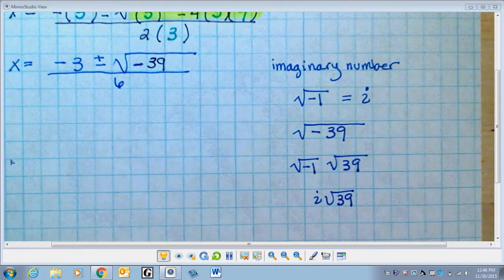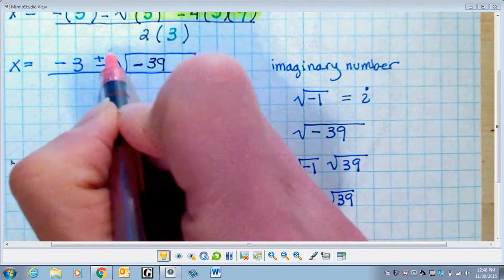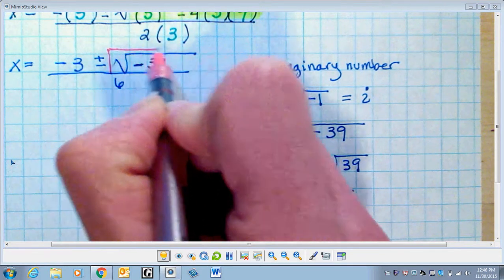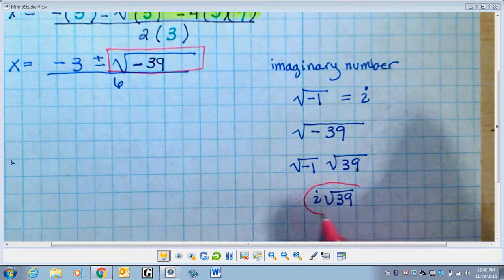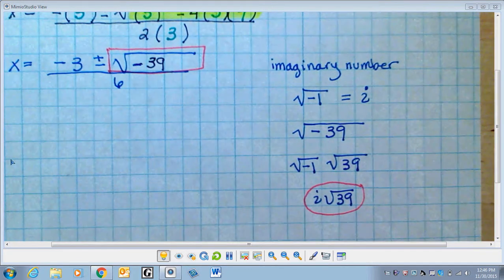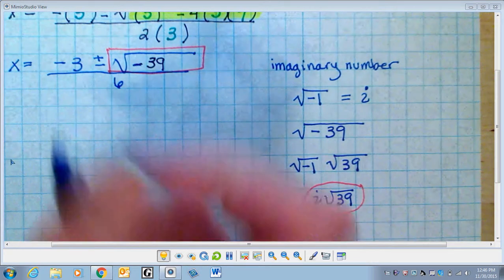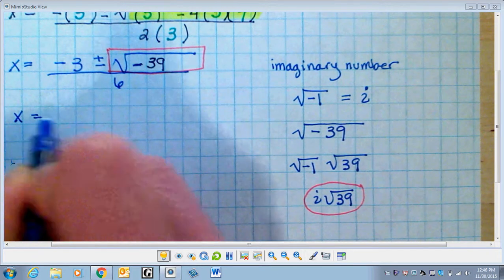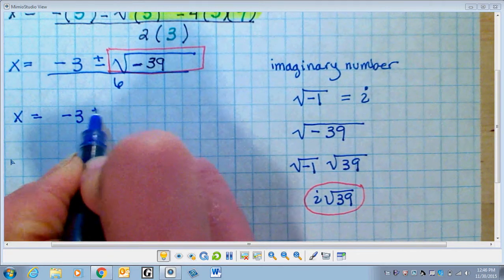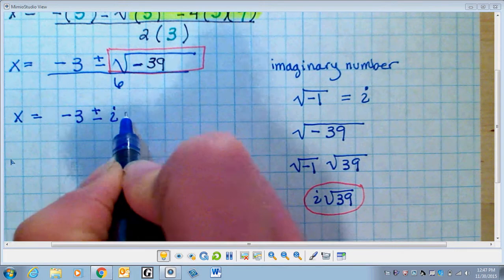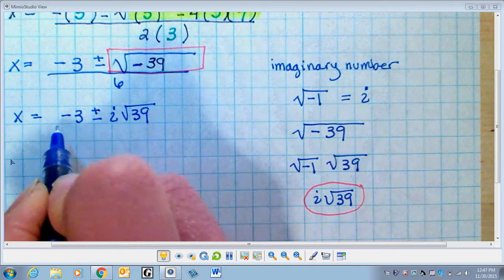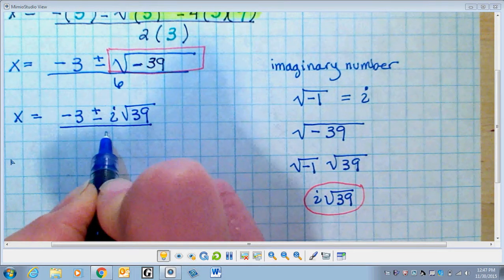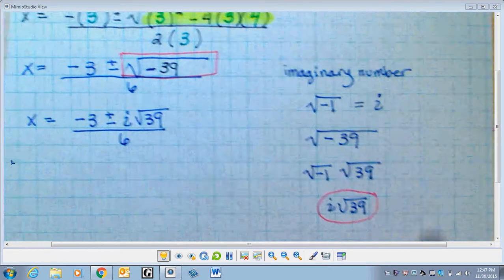So that means then that I can replace this entire square root of negative 39 with i square root of 39. So that means now I have x is equal to negative 3 plus or minus i square root of 39, I can't simplify that, divided by 6.